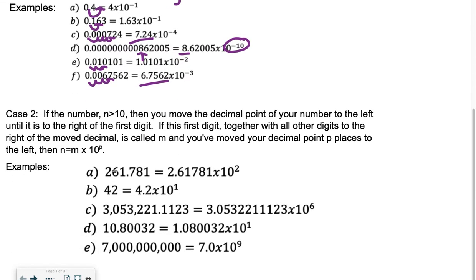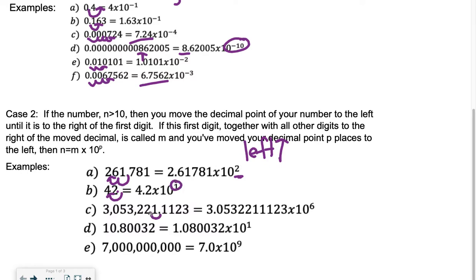In the case of n being more than 10, so these numbers right here, we're going to move our decimal place in the opposite direction, which would be to the left. So moving to the right decreases, moving to the left will increase the exponent. Moving 1, 2, the exponent becomes 2. Moving 1, remember if there's no decimal, then it's at the end of the number, 1.